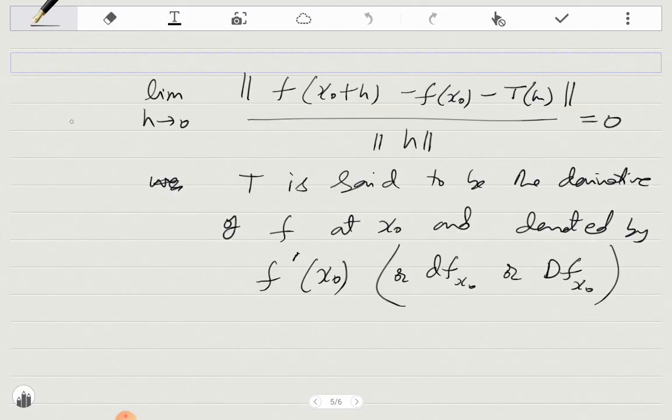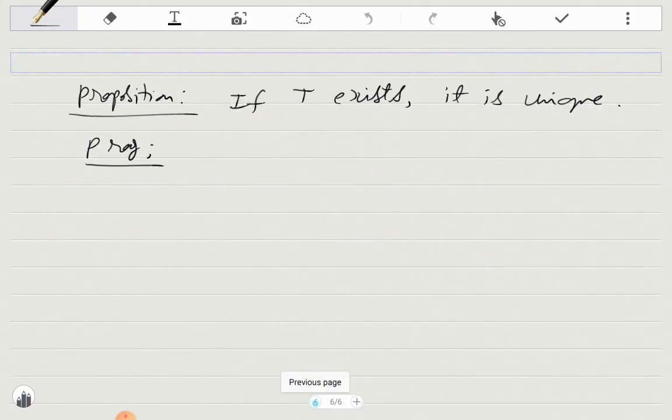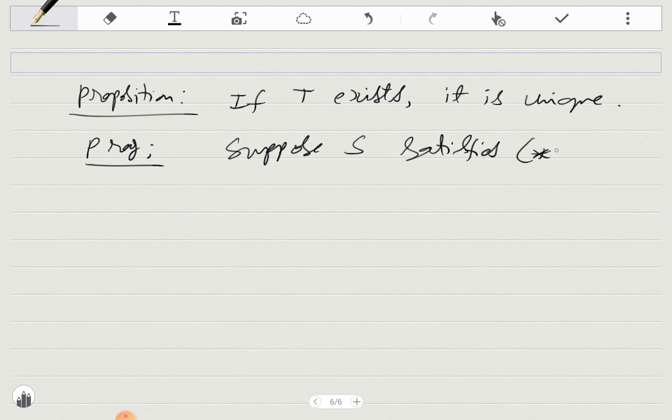So let's call this defining equation denoted by star. Suppose S satisfies star as well.